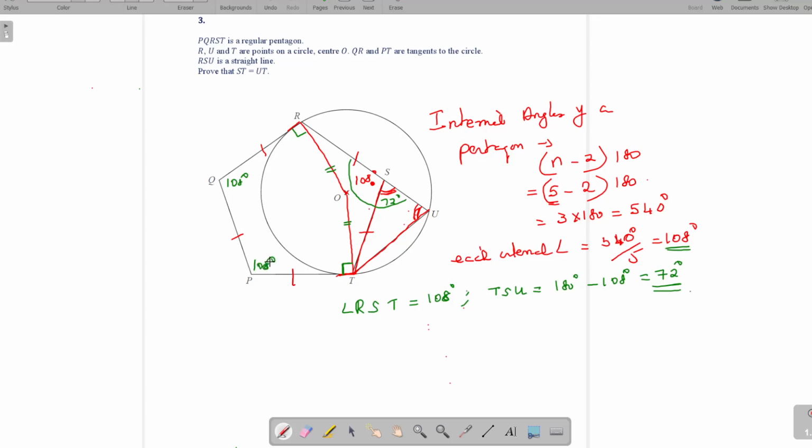So in a pentagon, we know four angles. We know that, we know that, we know that, we know that. So we can find that because angles in a pentagon add up to 540. So how do we find ROT? Angle ROT will be 540, take away all the internal angles added together.